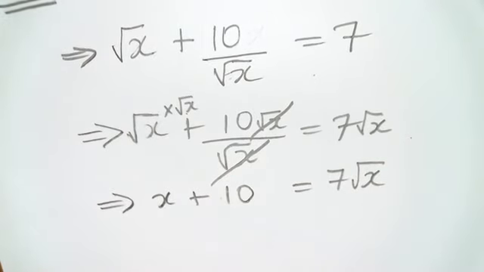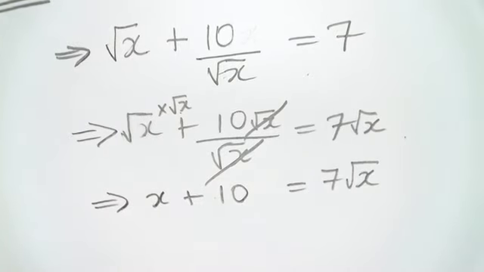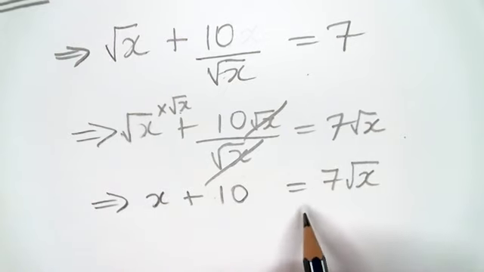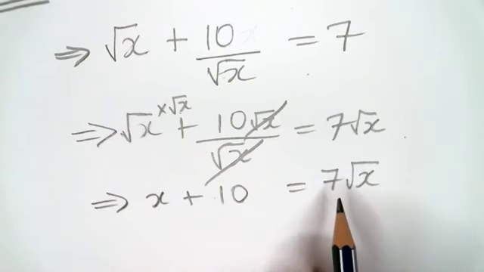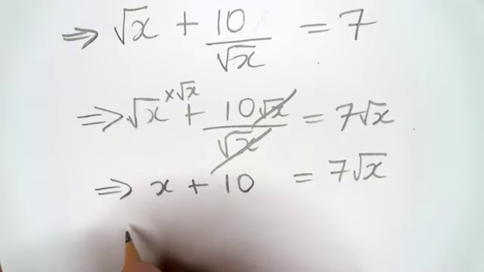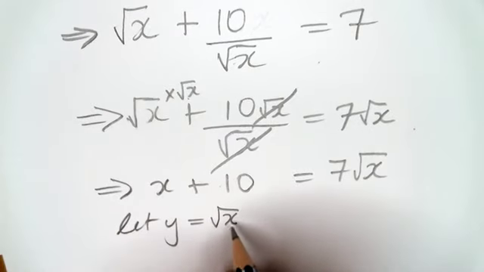All right. Now, I don't really want square roots of x. I want something easier. I would be really happy if these were all, for example, x's. But they're not. So I'm going to take the root x, and I'm going to make that y. So let y equal root x. And of course, that would mean root x times root x would be y squared.